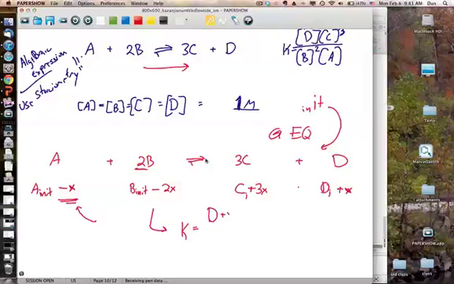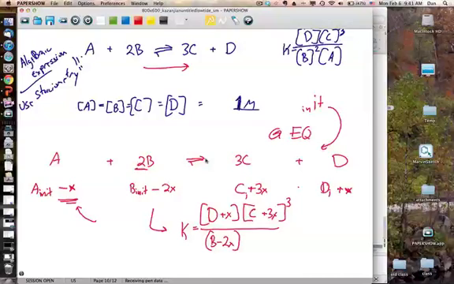K equals D initial plus X times C initial plus 3X cubed, divided by B initial minus 2X squared times A initial minus X. This would be a complete algebraic expression that would represent the change.